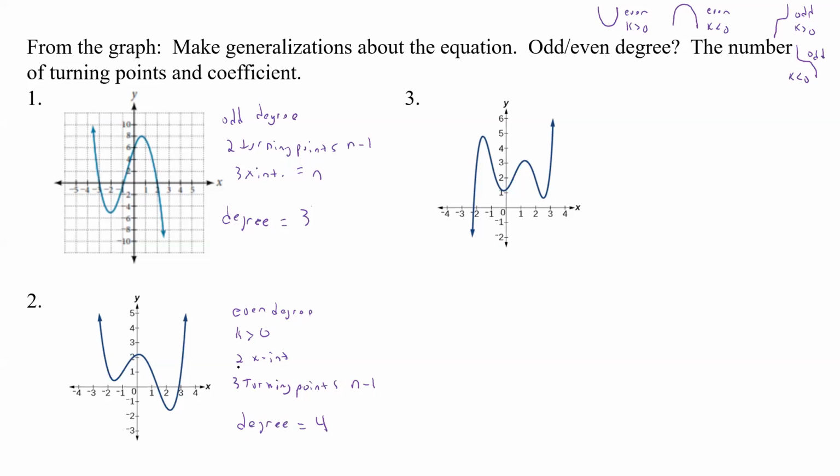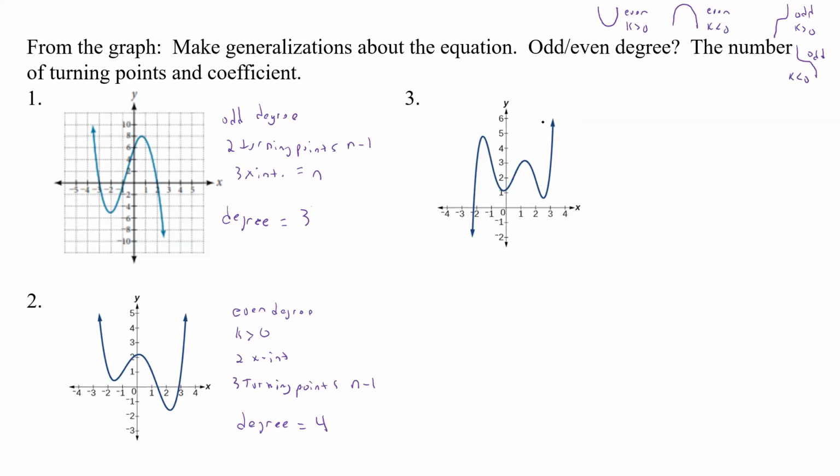And that's most likely what it is, because here we only have 2 intercepts, but we have to have n greater than the turning points by 1. And since that's an even degree, 1 more than the 3, that's going to give us a degree 4. There's 3 turning points, 2 x-intercepts, and just the stuff we could get directly from the graph. It's even, and k is greater than 0.